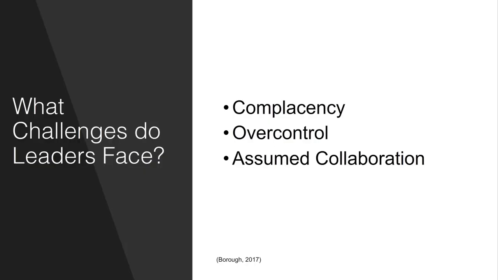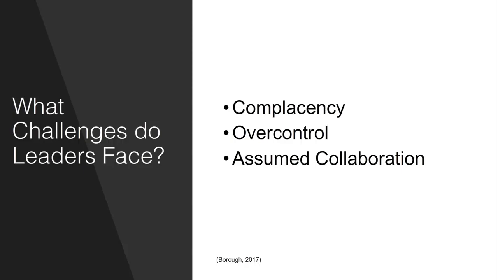And the last is assumed collaboration. Leaders must communicate and negotiate with others to help the task get completed. Too often, leaders assume that others will collaborate on work just because they've been assigned to groups. What is collaboration?